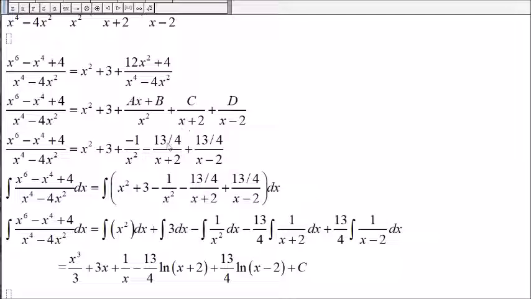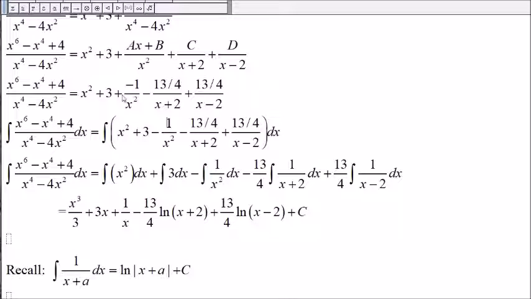C is negative 13 over 4. D is 13 over 4. And so here we get x squared plus 3 minus 1 over x squared minus 13 over 4 times 1 over x plus 2, and then plus 13 over 4 times 1 over x minus 2.